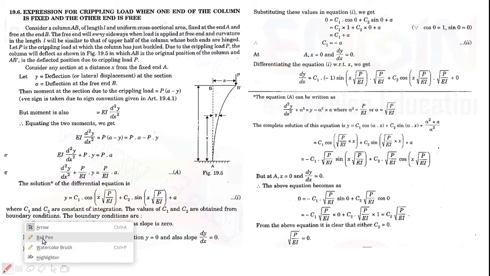So at the point C, the value is P into the perpendicular distance from B to C. So this is x and this is L. The perpendicular distance is a minus y, because from this point to this point it is a and this is y.